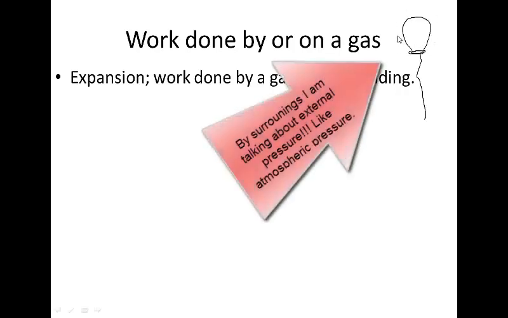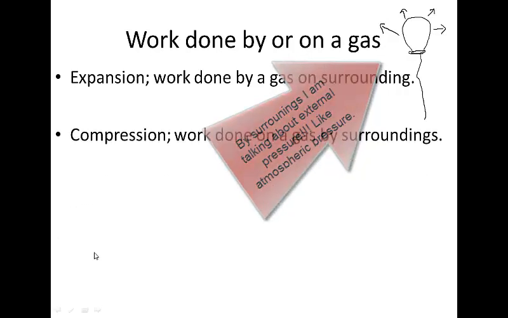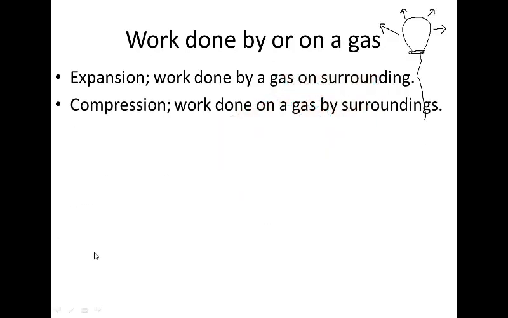It is pushing against the surroundings. If the balloon is being compressed, the surroundings are compressing the balloon. The work is being done on the system, on the gas, by the surroundings.